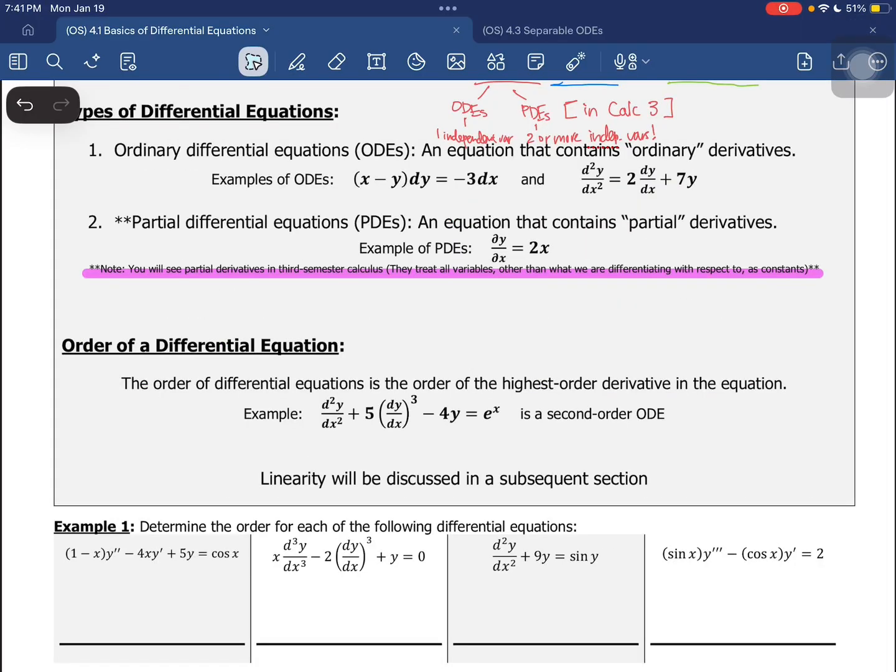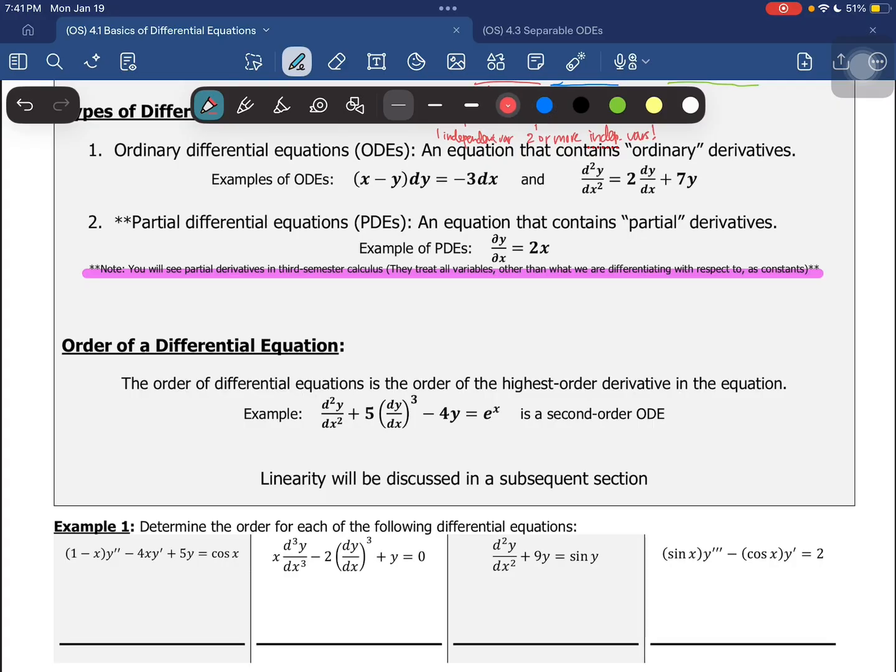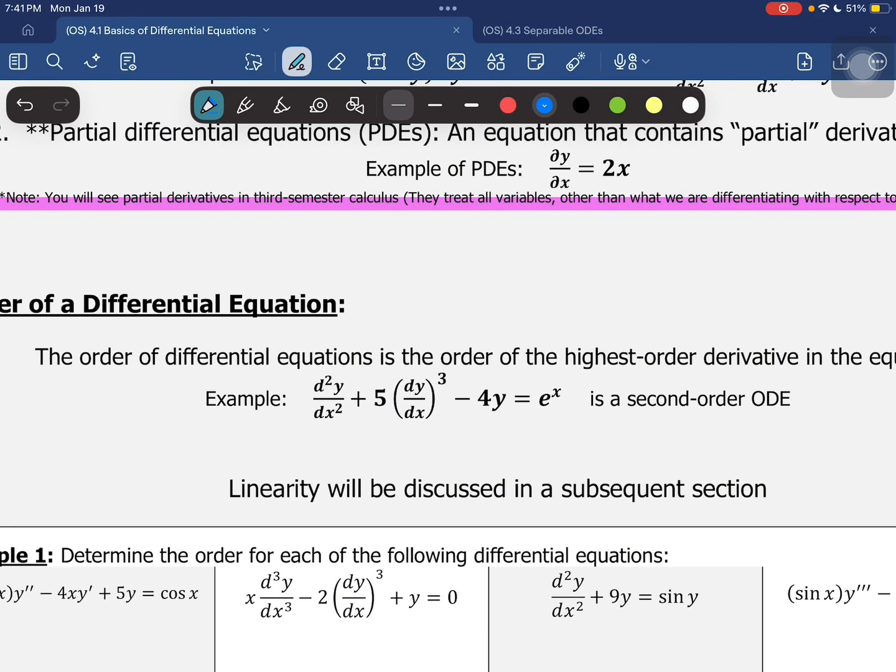The order of a differential equation is determined by the highest order derivative in the equation. So if we look at this example, we have the second derivative plus 5 times dy dx cubed minus 4y equals e to the x. Okay, well, I see 2's here, and I also see a 3 here.